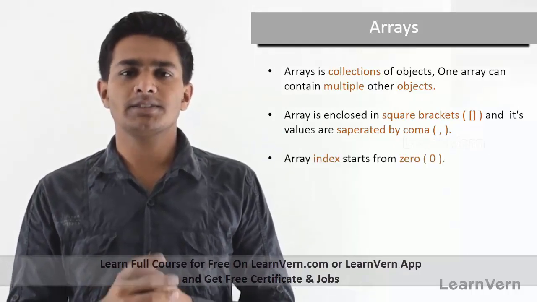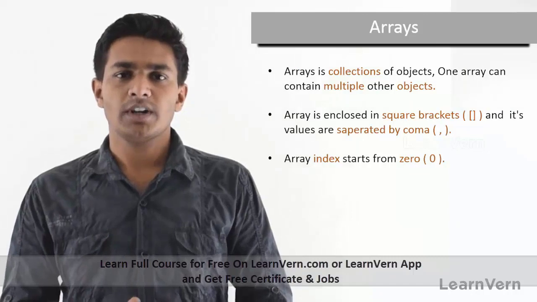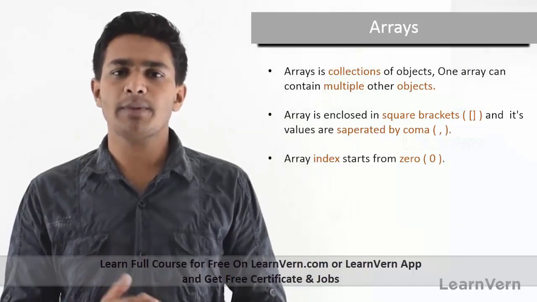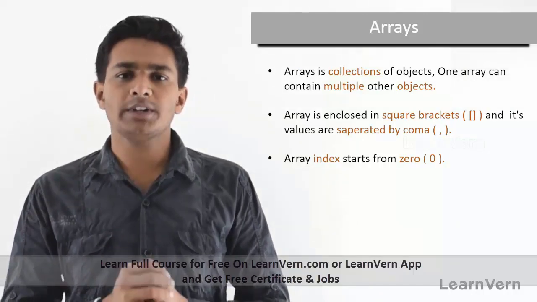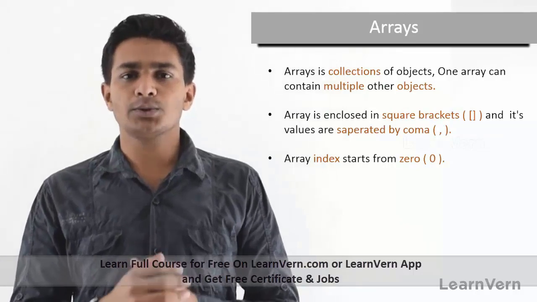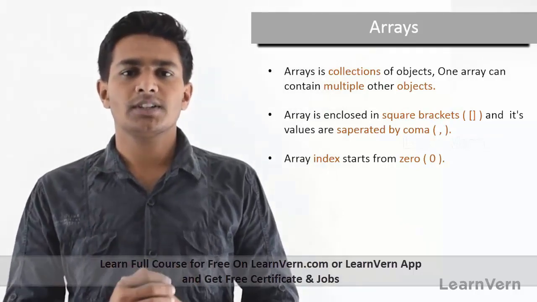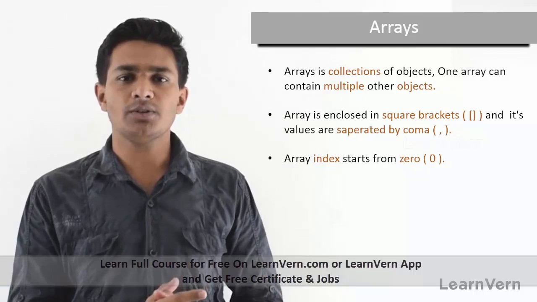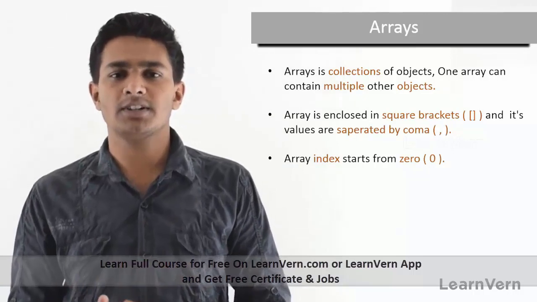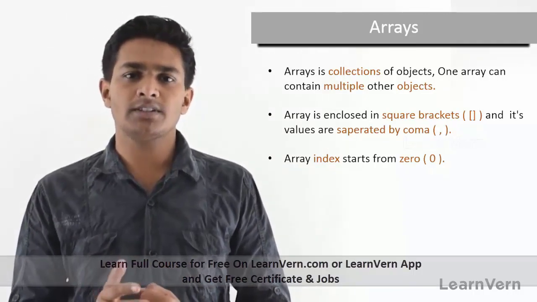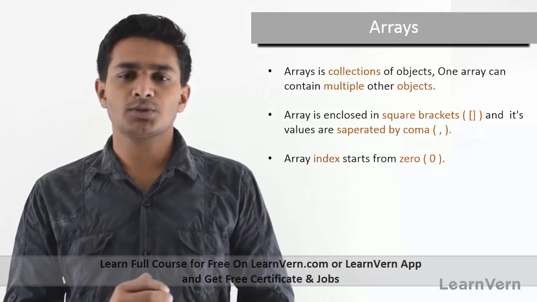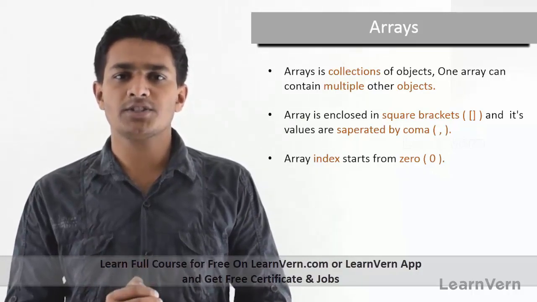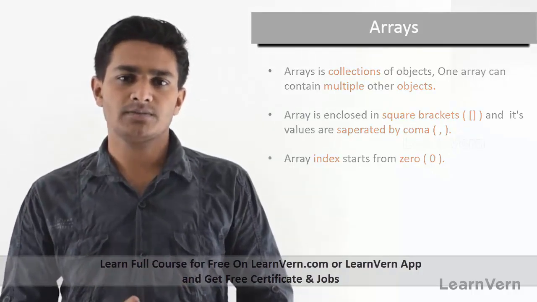Array index always starts from 0 and goes up to n-1. So if I have declared an array with a total of 10 values, then its index starts from 0 and goes to n-1, which is 10 minus 1, that is 9. So its index values range from 0 to 9.